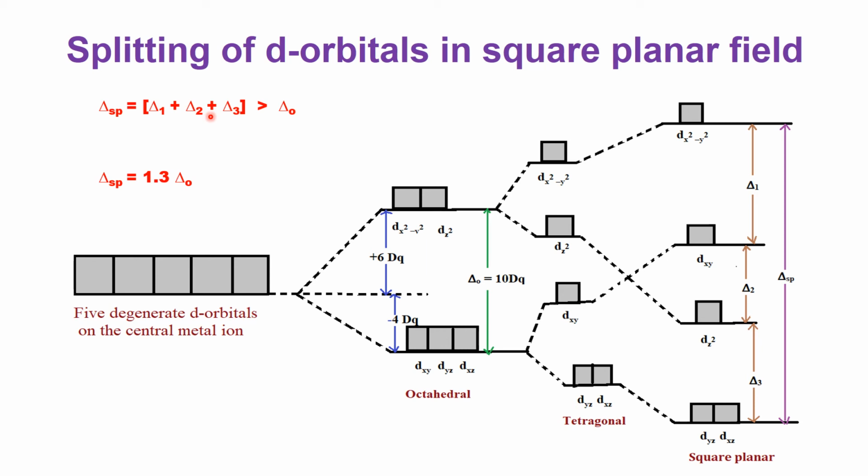It has been found that the value of delta SP is larger than the crystal field splitting in an octahedral field.